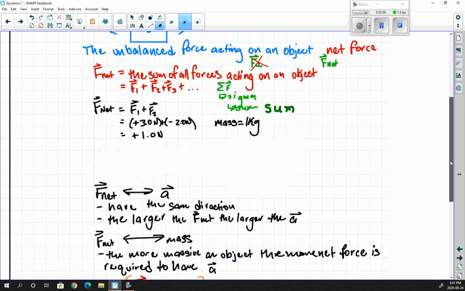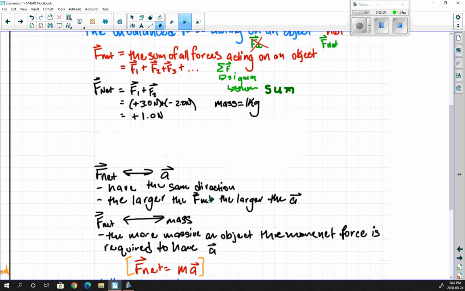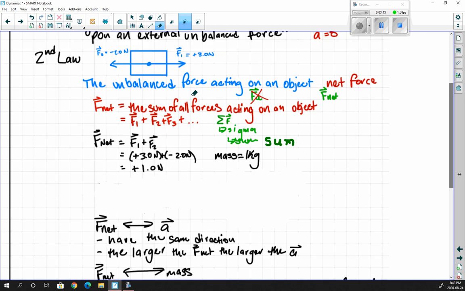So what Newton really wanted to emphasize during his second law is that there is a connection between net force and acceleration. They have the same direction. Meaning, if you go back and look at this diagram here, since the net force is in the positive direction, this object would be accelerating in the positive direction.